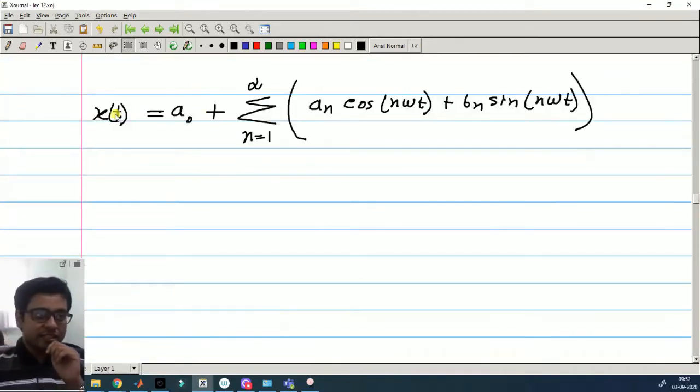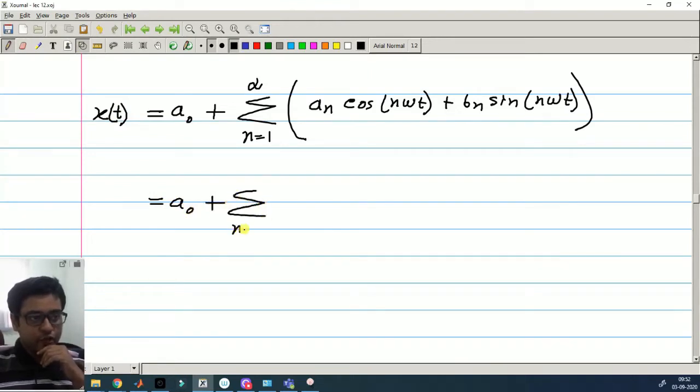So this is the Fourier series expression of a periodic signal x(t). Let me write this as a0 plus summation over n equal to 1 to infinity an.